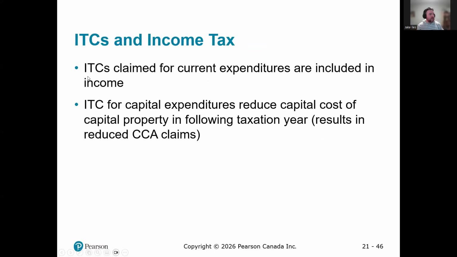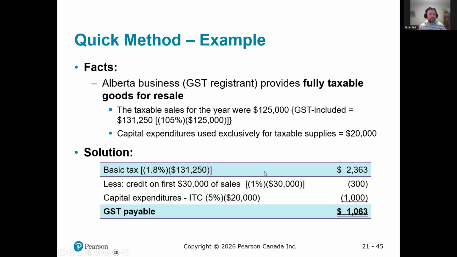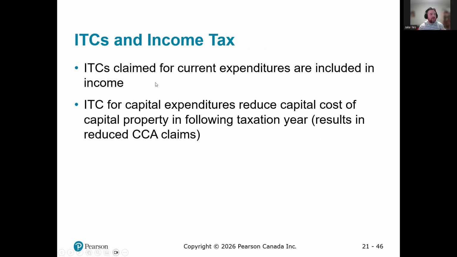Oh, here it is. So ITCs claimed for current expenditures are included in income. So because this is assumed on the sales tax collected, what if we collected more or less than what we're claiming? Or what if we paid more or less than what we are claiming? Those amounts will be reflected in the income statement. So if we were to do a detailed list of our sales tax collected and paid, and we find the quick method has us paying a different amount, maybe we're remitting less tax than we should be.